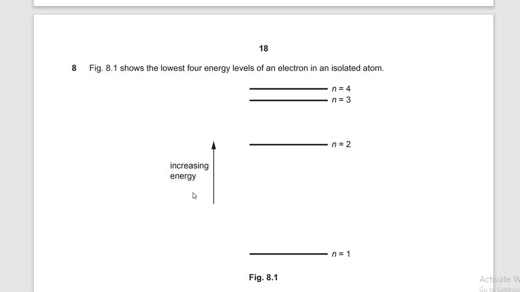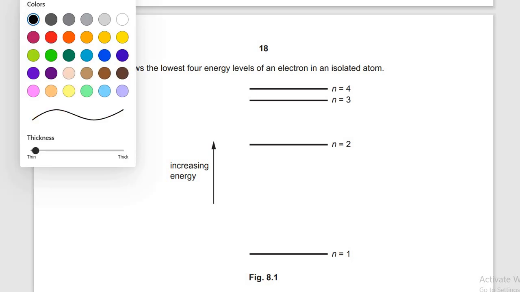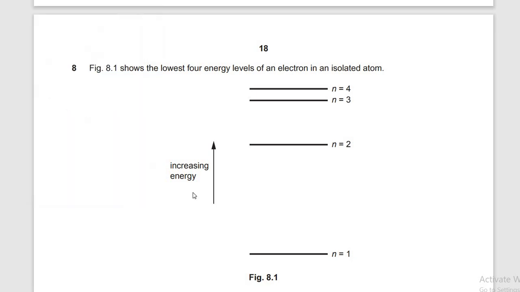Number 8. Now figure 8.1 shows the lowest 4 energy levels of an electron in an isolated atom.